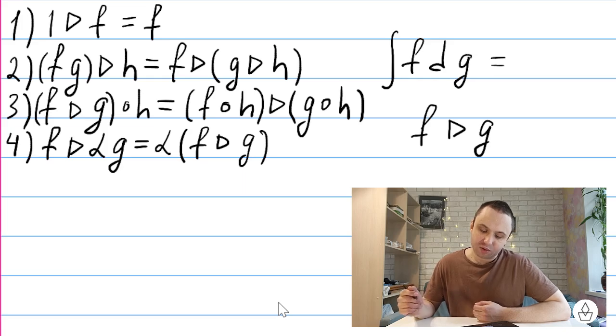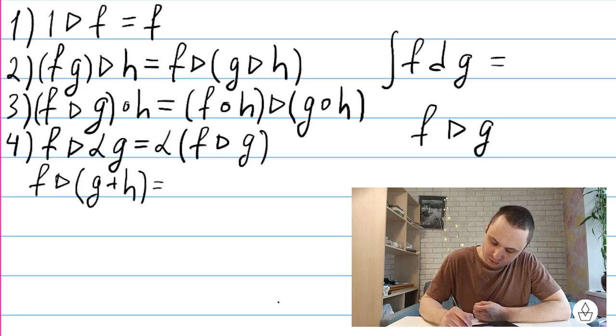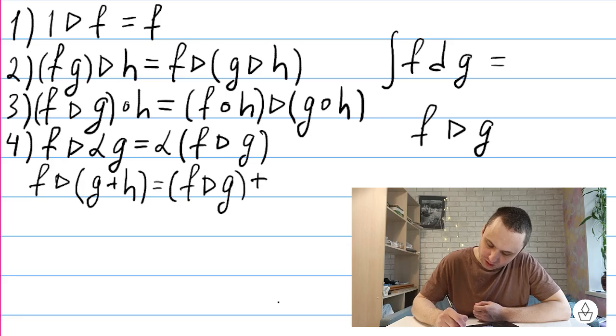Note that we can multiply our objects by numbers. And f integral g plus h is equal to f integral g plus f integral h.